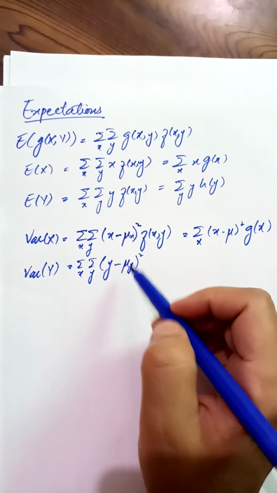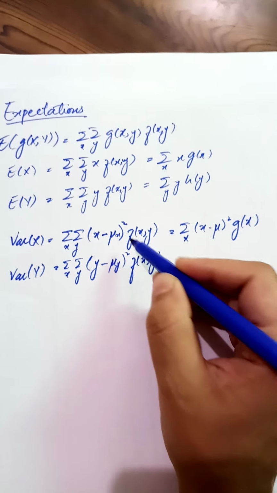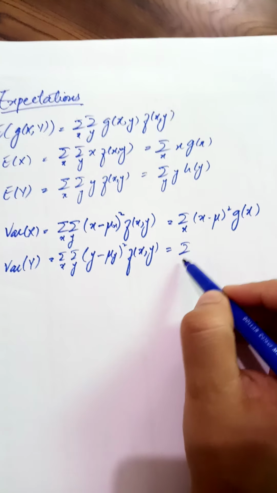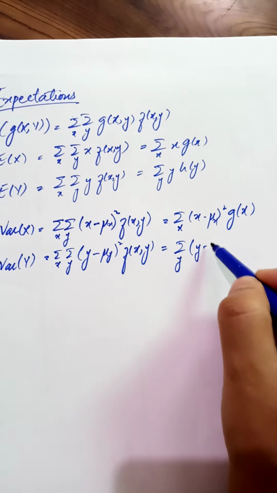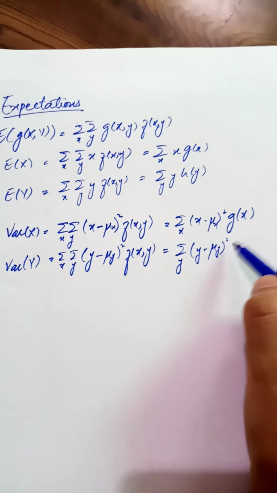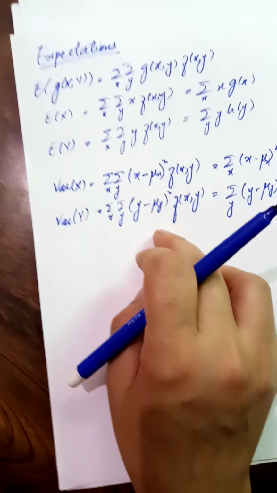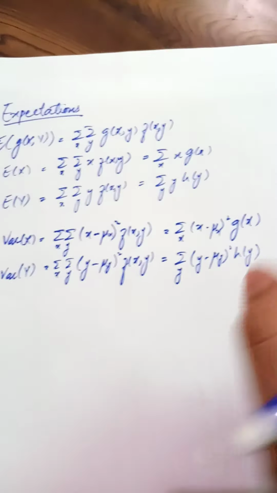We will use subscripts to differentiate two means. This is the mean of x and this is the mean of y. So we can write the variance of y as summation of y minus mu of y squared into h of y. From joint density we can use this formula, and for marginal we can use this formula.